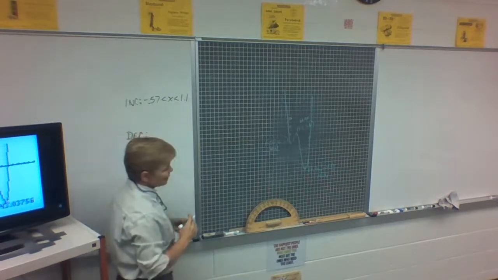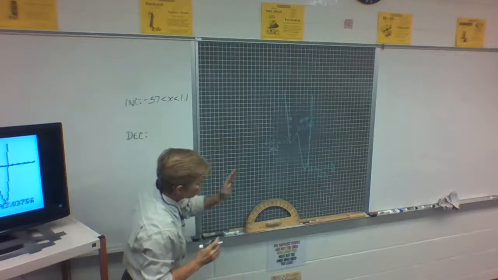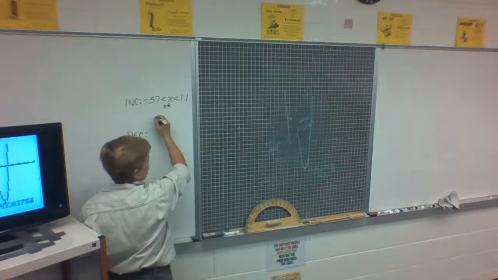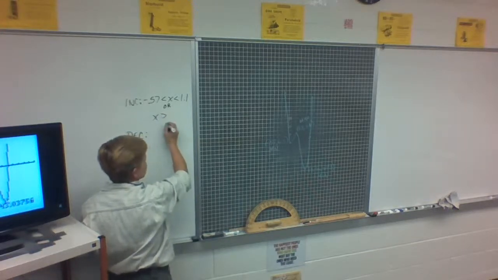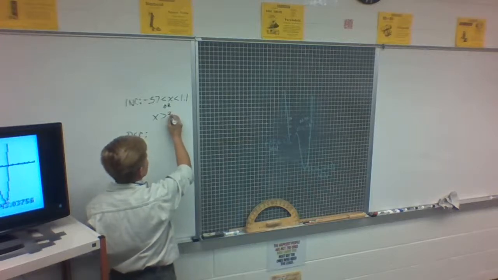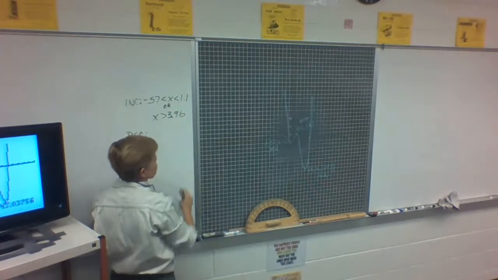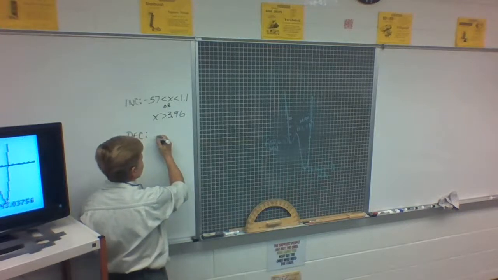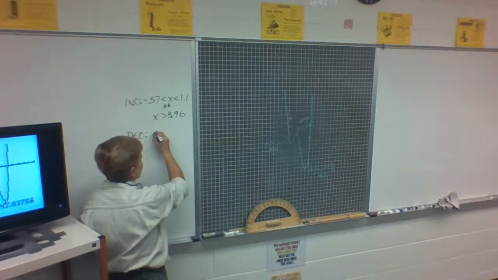Good. Do y'all understand that? That little jog of increase right there? Where else is it increasing? From 3.96. Where? How big? So x is more than 3.96? Is it increasing anywhere else? No. Okay. Or is it decreasing? From 1.1 to 3.96.